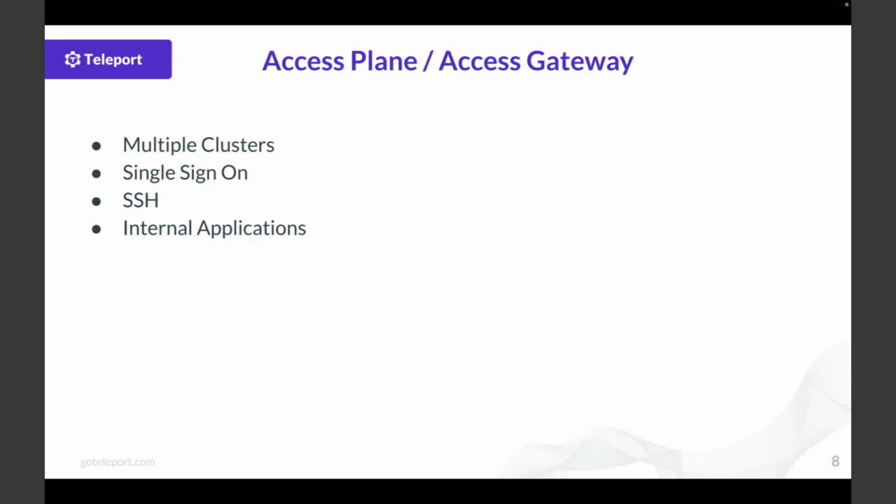To really do all the same enforcement that you do for Kubernetes, to attach SSO identities to all of your access control. Don't forget about SSH, databases, internal applications that you have running.